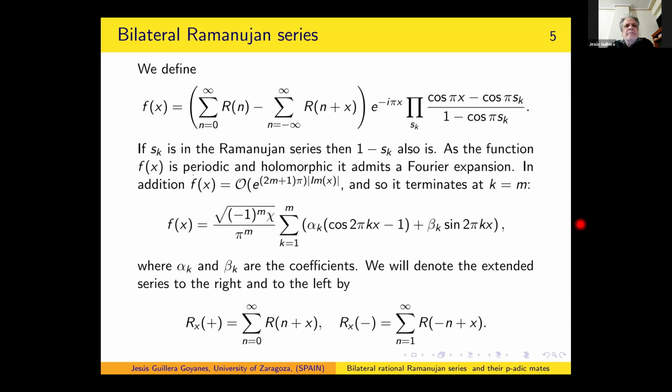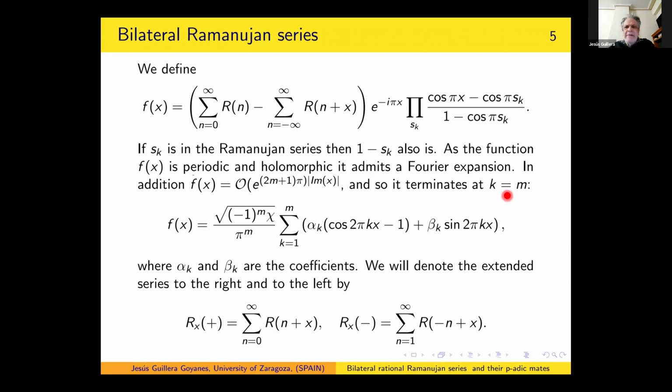And so the function is periodic and holomorphic, so it has a Fourier expansion. And as the function is of order this, it terminates at k equal m.